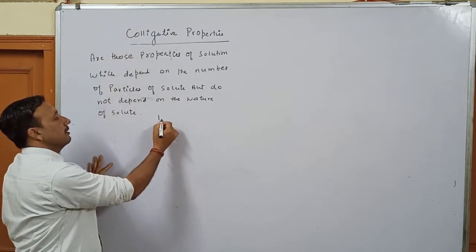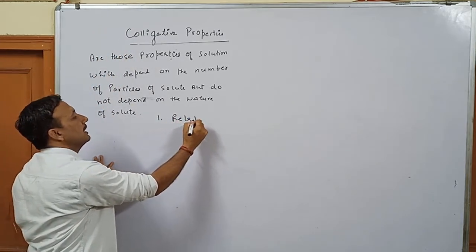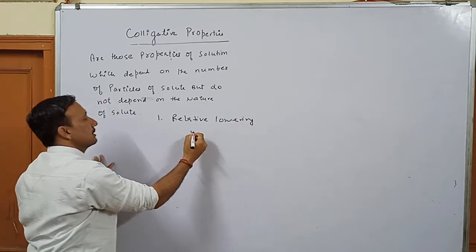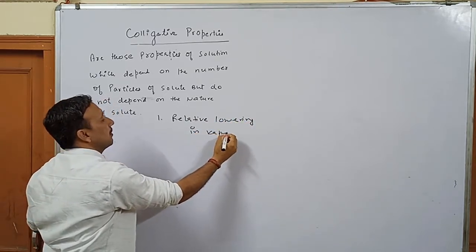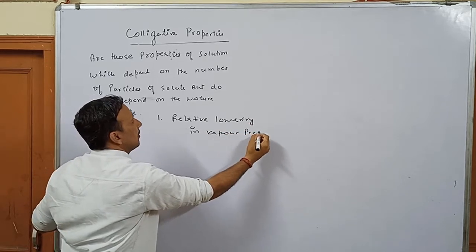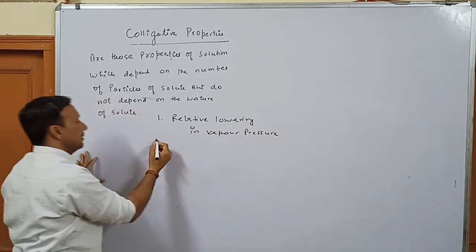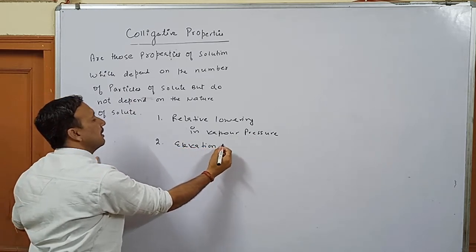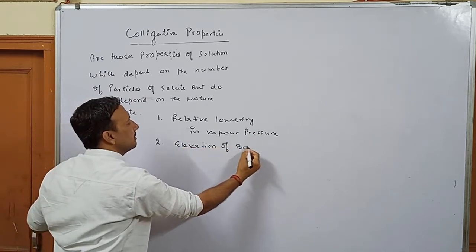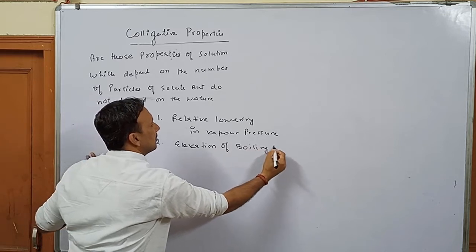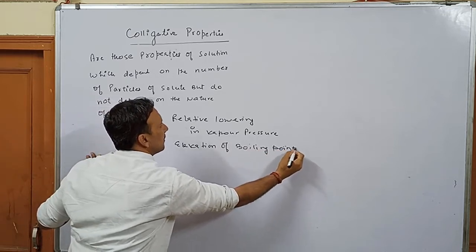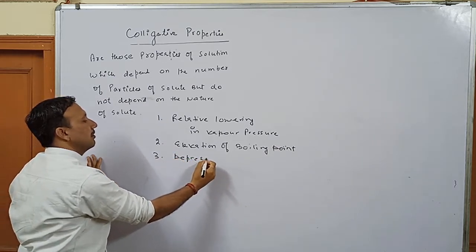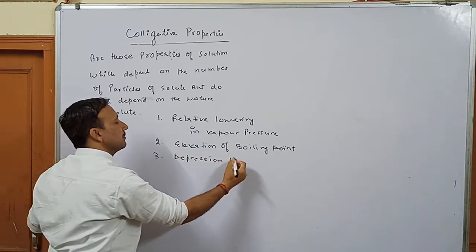First is relative lowering in vapor pressure. Second is elevation of boiling point. Third is depression in freezing point.